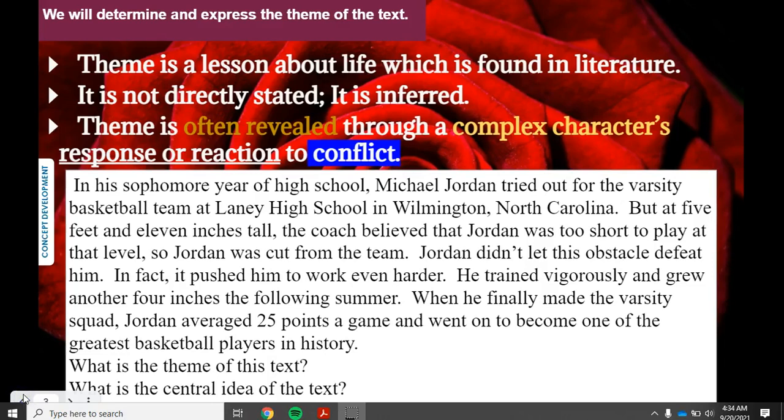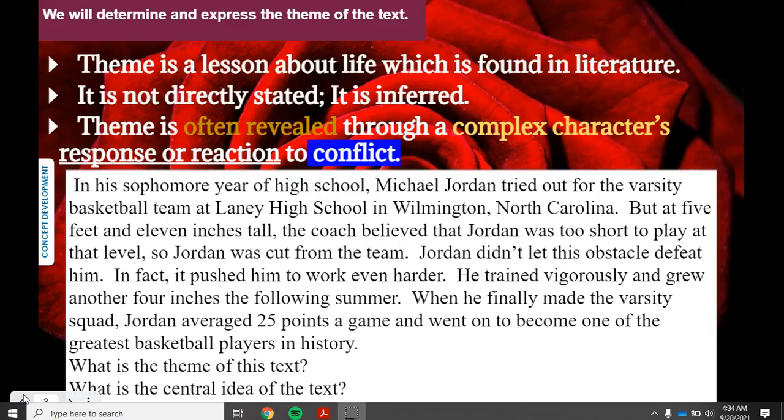In his sophomore year of high school, Michael Jordan tried out for the varsity basketball team at Langley High School in Wilmington, North Carolina. But at 5 feet and 11 inches tall, the coach believed that Jordan was too short to play at that level. So Jordan was cut from the team. Jordan didn't let this obstacle defeat him.